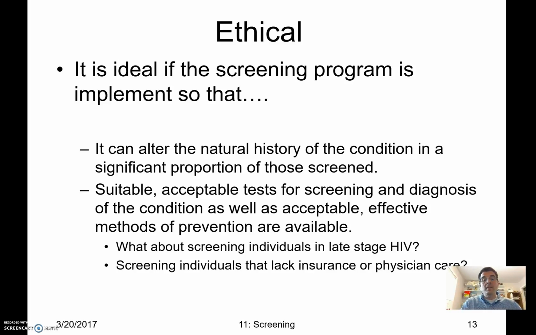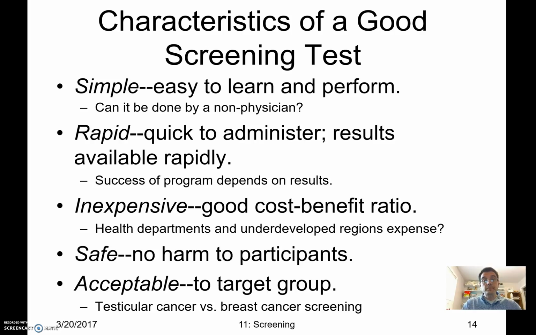Or another thing to think about is that, do we screen individuals that lack insurance or physician care? We would say that's heartless, but at the same time, if they are unable to receive treatment, what do we do in those types of scenarios? And do we want to have a screening test such as that?